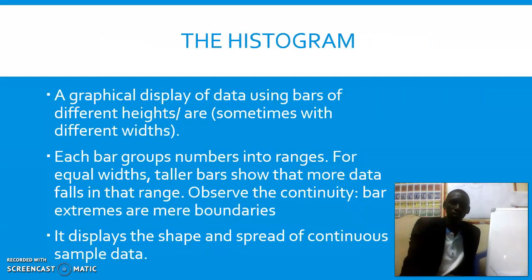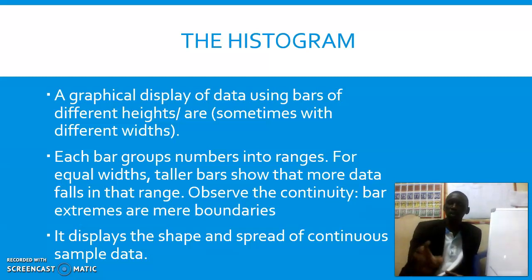As we progress, the histogram is a graphical display of data using bars of different heights, and sometimes with different widths. Each bar groups numbers into ranges for equal widths. Taller bars show that more data falls in that range. You need to observe the continuity as we're going to see in the next slide.